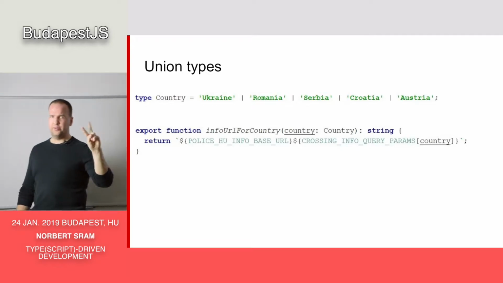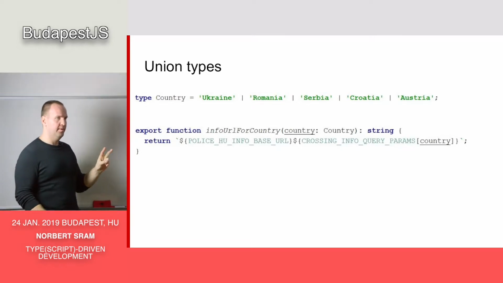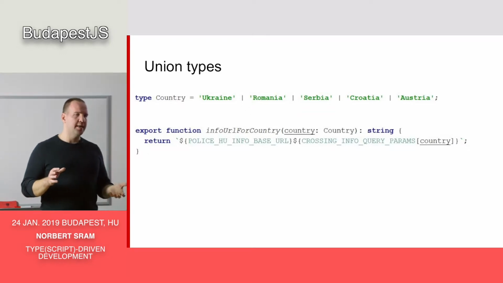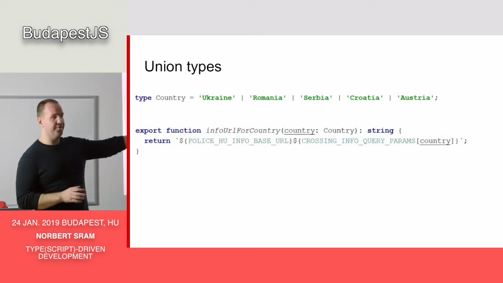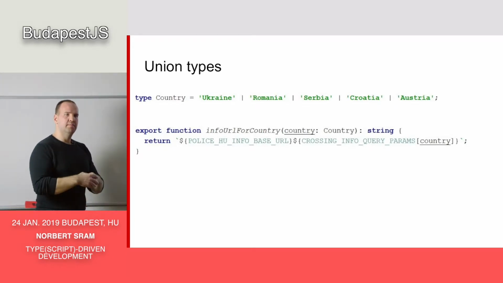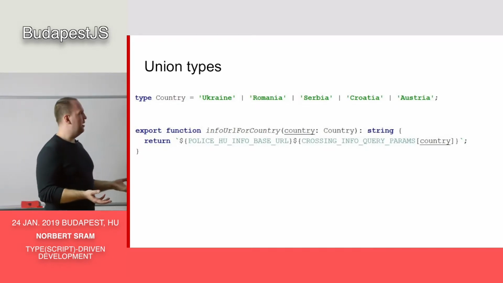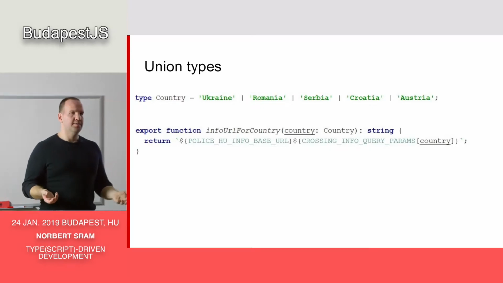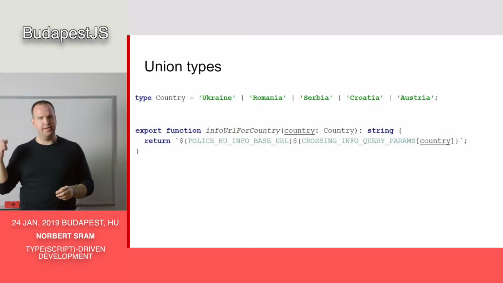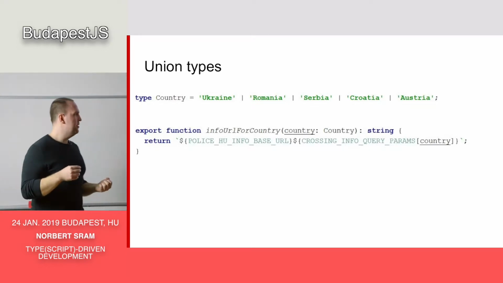So if we go back to our example of border traffic monitoring, on the police.hu site, there's a certain amount of countries listed where you can get the traffic. We can declare those as a union of strings. So we say these are the countries where we can crawl the data from that website.